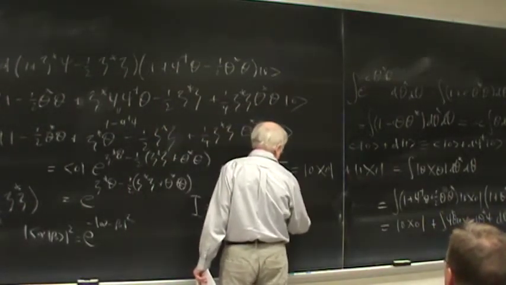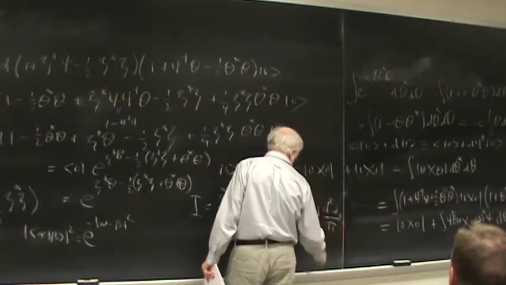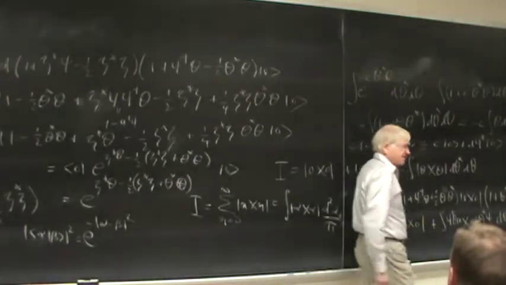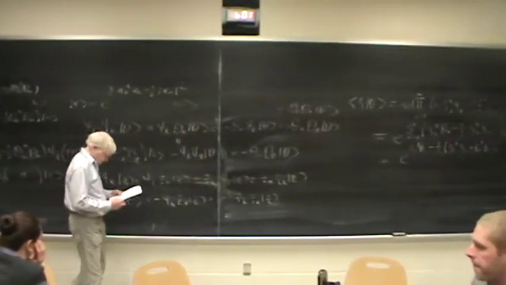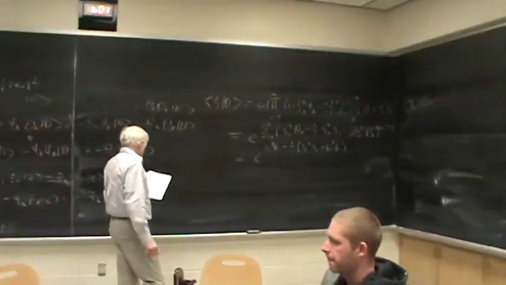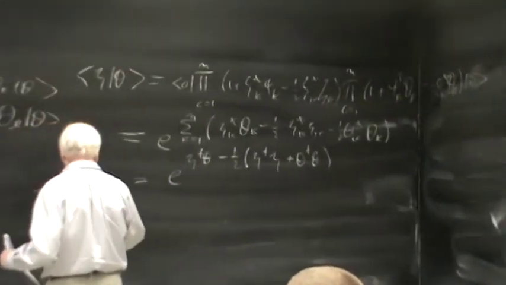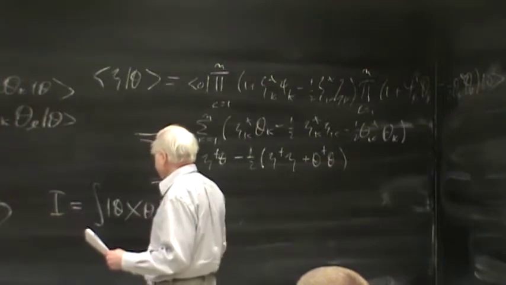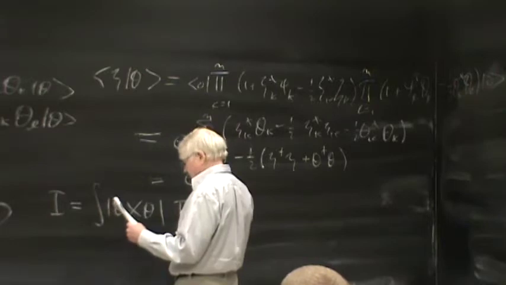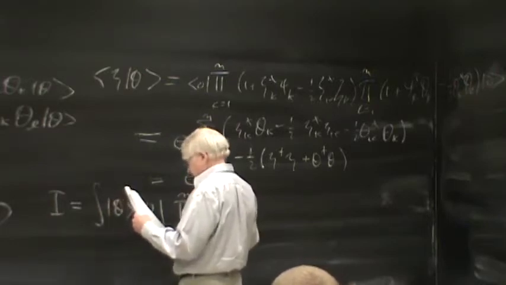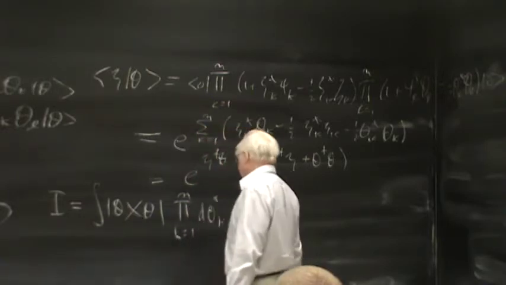This, in fact, is equal to the integral of alpha d2 alpha over pi, integrated over the complex alpha plane. So the corresponding identity operator for several fermionic variables is the outer product of these multi-fermionic coherent states times the product k equals 1 to n of d theta star k d theta k.